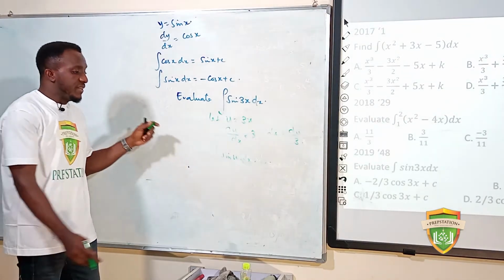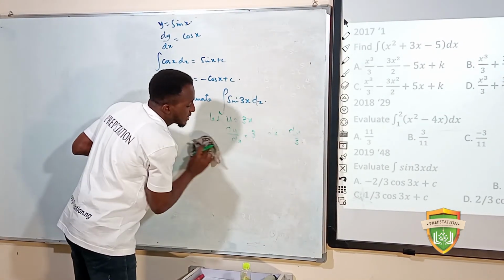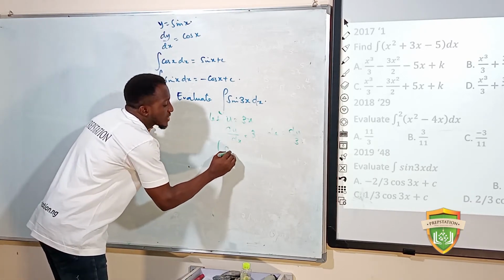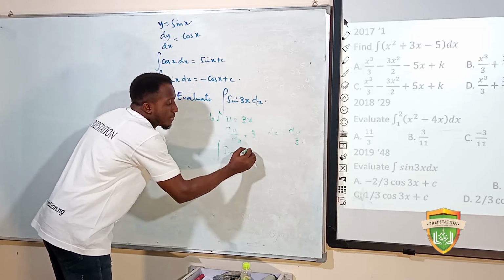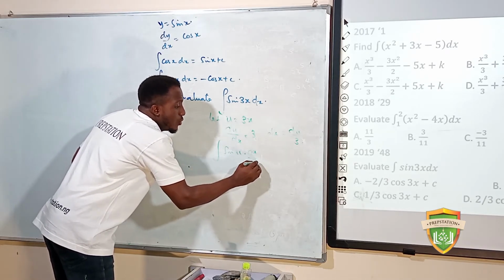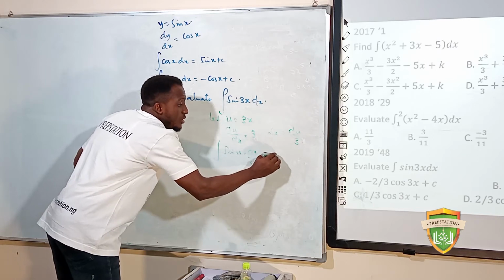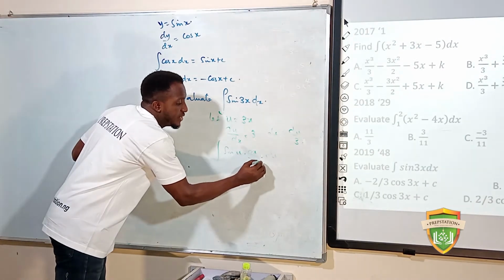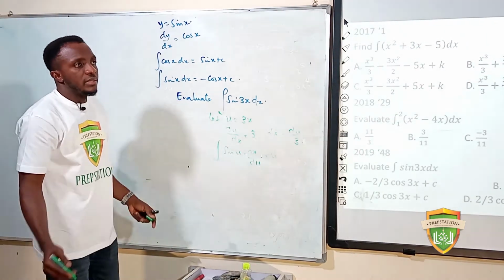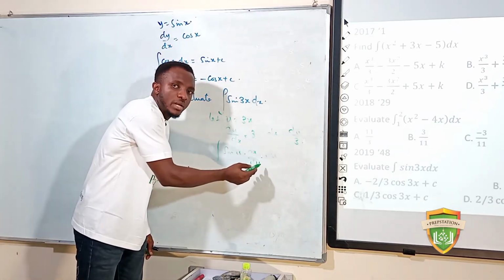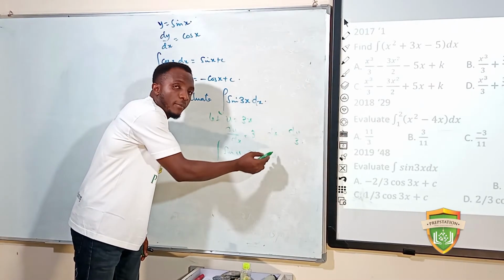Or alternatively, we can write this equation like this. Integral of sine u times dx/du times du. Now, mathematically, these two can cancel out. We can cancel out both of them.